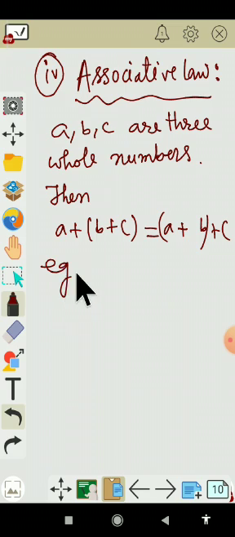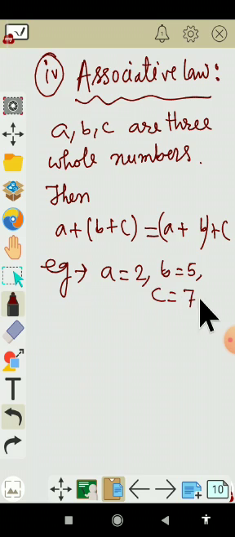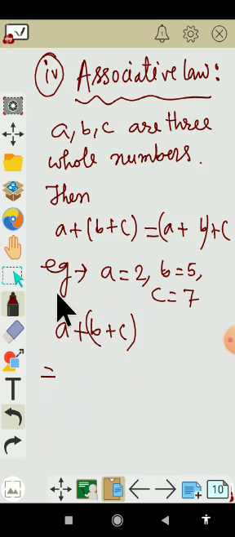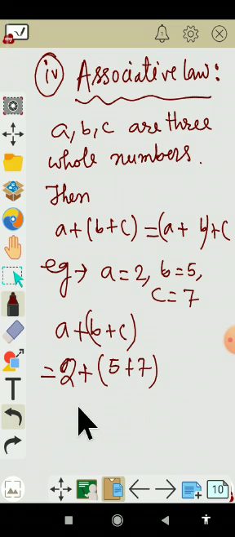Example, if a equal to 2, b equal to 5 and c equal to 7, then for (a plus b) plus c, 2 plus 5 gives 7, and 7 plus 7 gives 14.